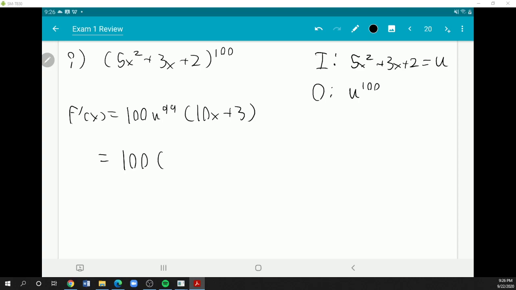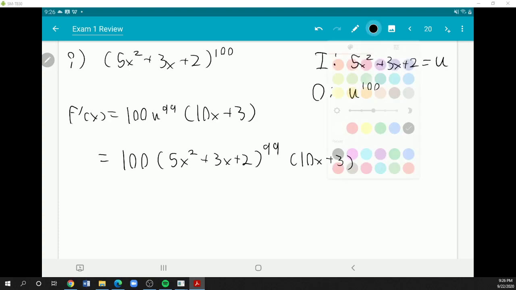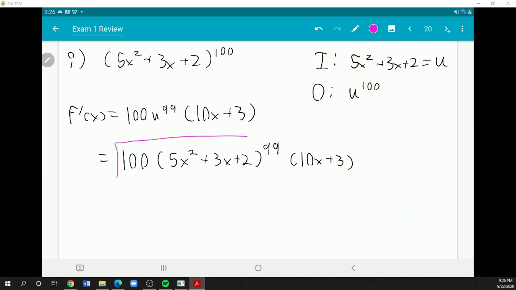Equals 100 times 5x squared plus 3x plus 2 to the 99 times 10x plus 3. And that's our final answer there.